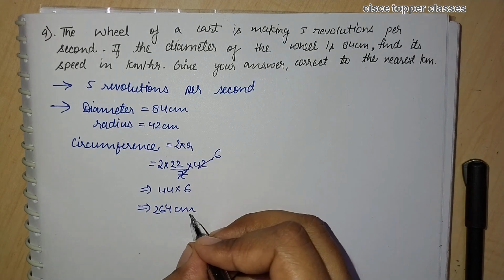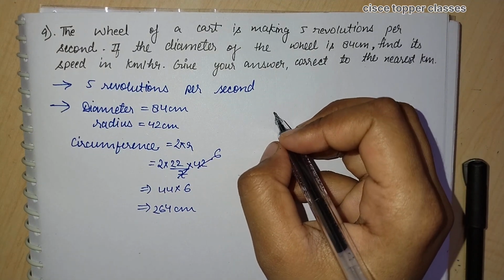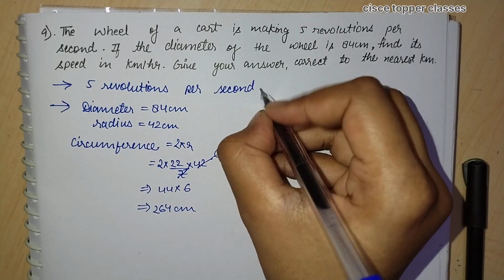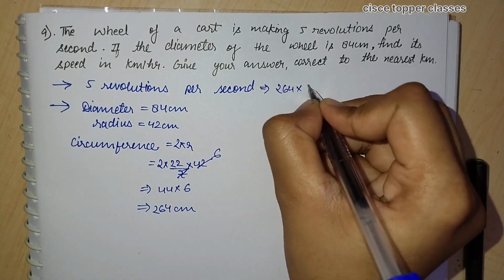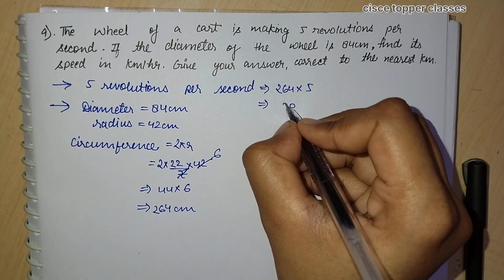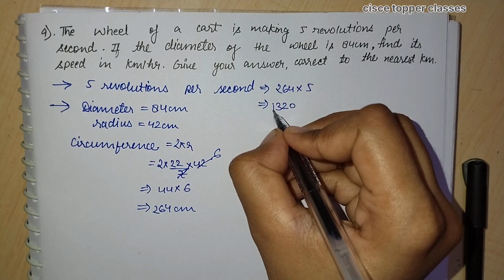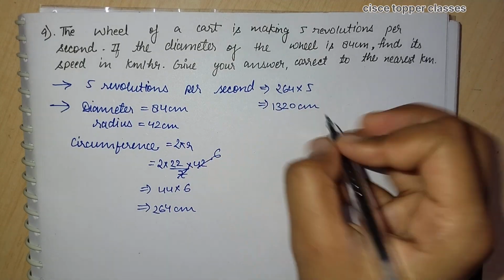So if the circumference is 264 centimeter, we have to find the distance for 5 revolutions. We can write 264 into 5 is the distance covered, so 1320 centimeter.